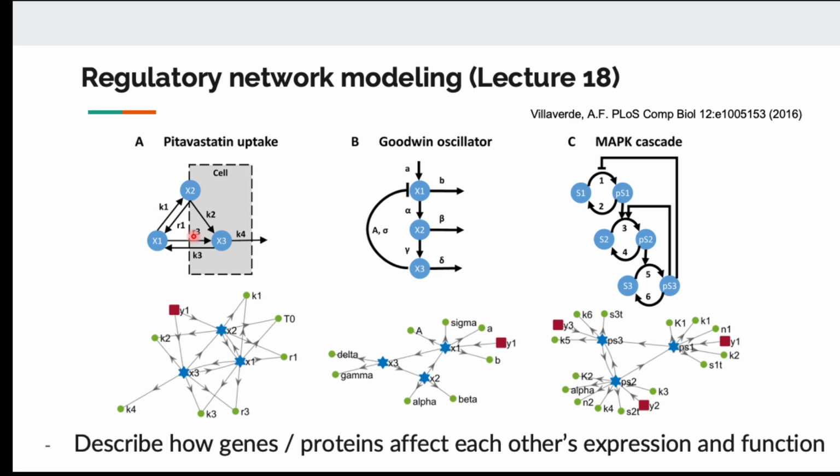These diagrams are drawn as nodes, or vertices, and arrows. These are called graphs or networks. So in the next two lectures, we're going to talk about how we can represent data as networks and how we can analyze data in the form of networks to understand important proteins or to understand how drug treatment changes the interaction between genes.